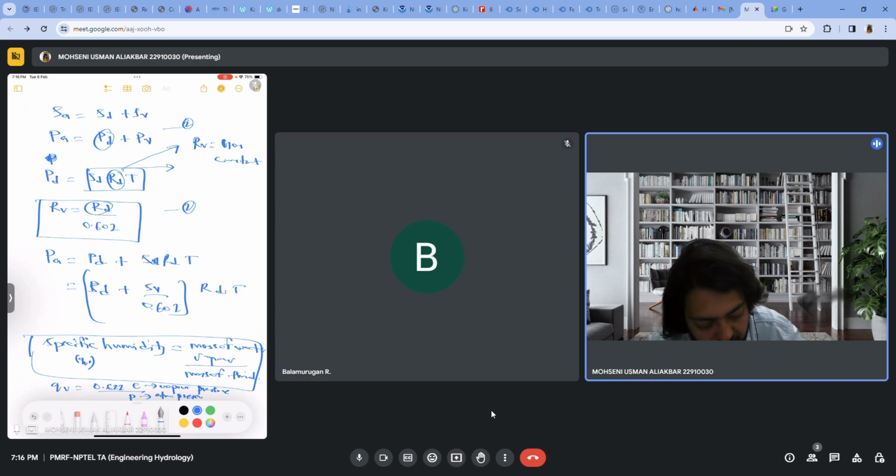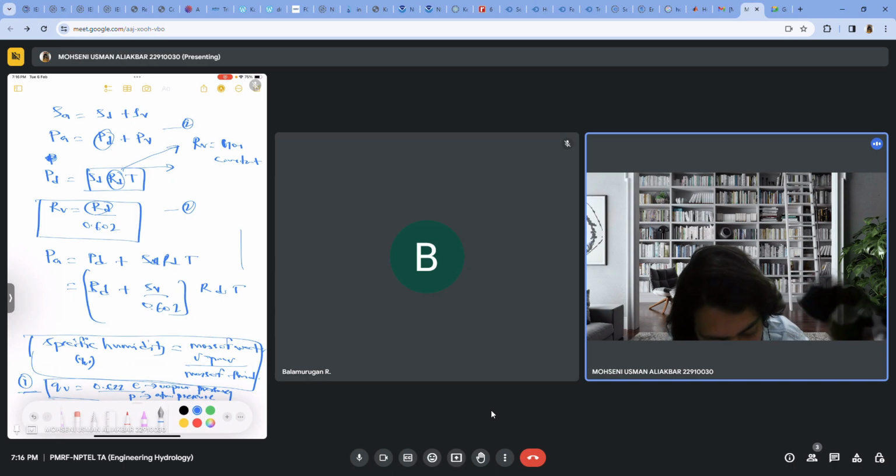So if we know vapor pressure and atmospheric pressure, using this equation we can get specific humidity. So this is the first derivation which we wanted today about specific humidity. So whenever we find a numerical where they have asked us to calculate specific humidity, we can use this equation: 0.622 into vapor pressure divided by atmospheric pressure.